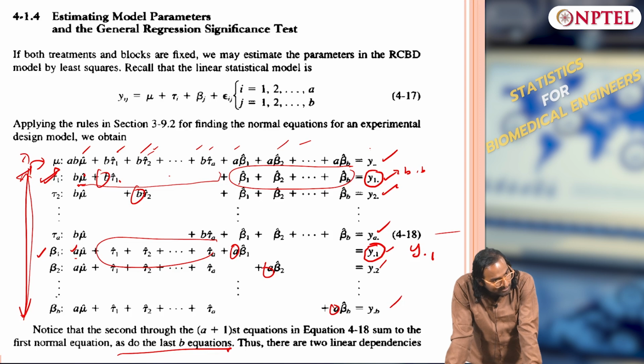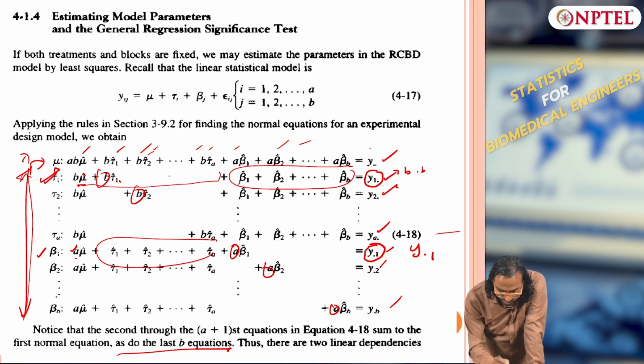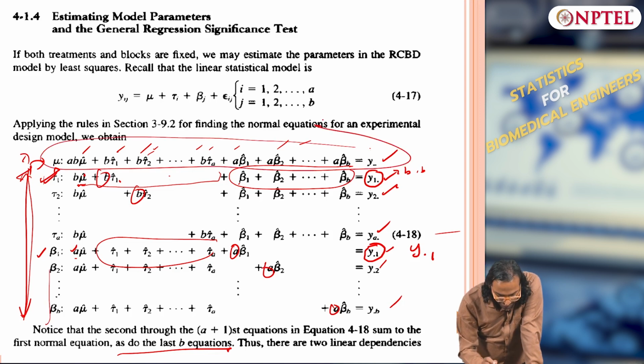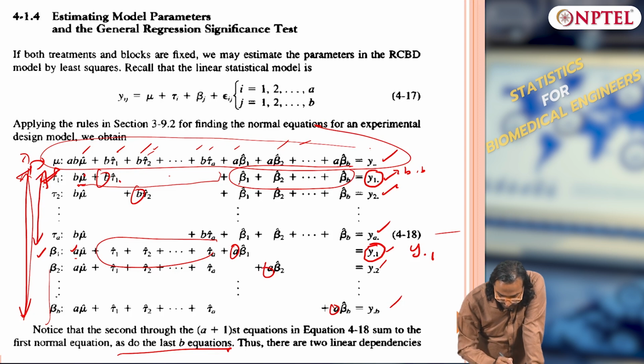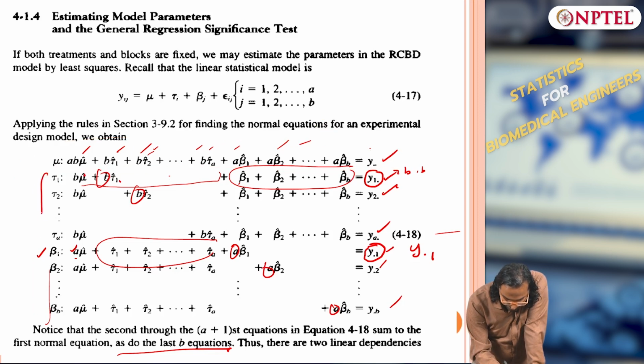That is where there are dependencies. So one obvious dependency is that if I sum all the equations, I will get the first equation. And then if I sum only this part, I will get this equation, and if I sum this part, I will get this equation.